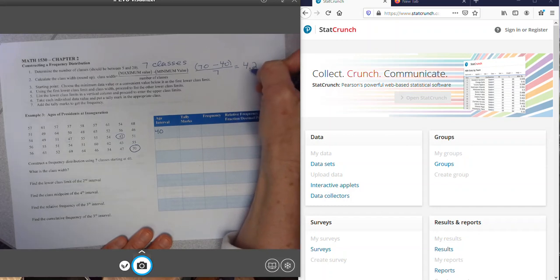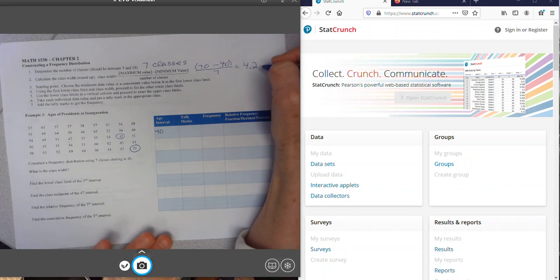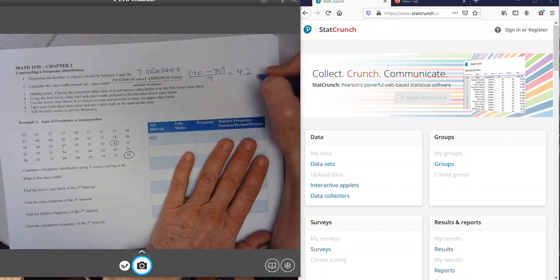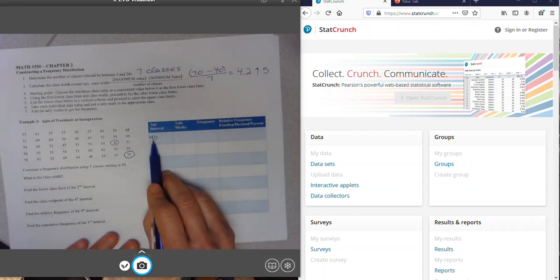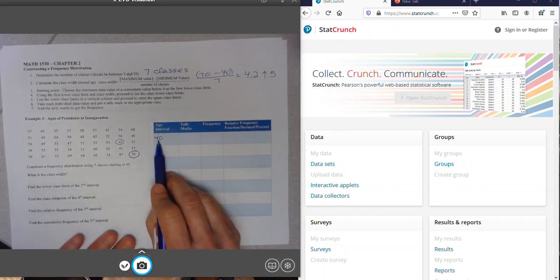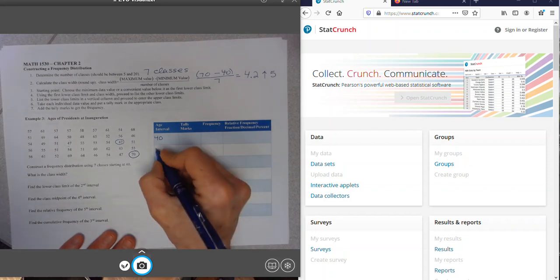Now that's not an even number. So what we do if we don't get an even number, or an integer, we always round up to the next highest integer. So we're going to round up to 5. So we want our class width to be 5. So what that means, if this class starts at 40, then the next class will start at 5 more than that, at age 45.